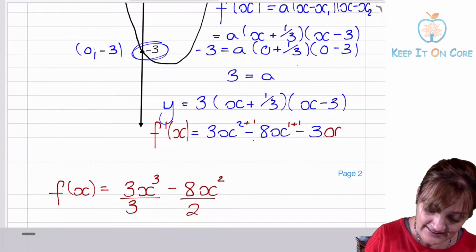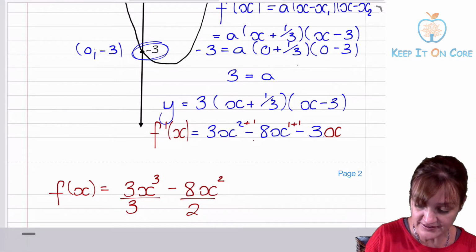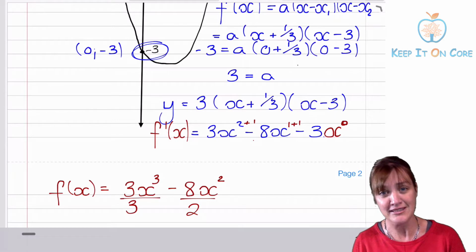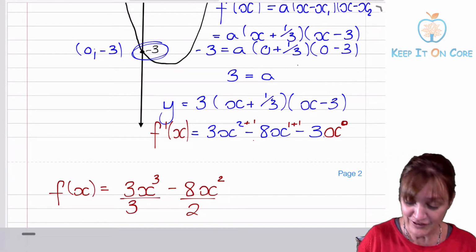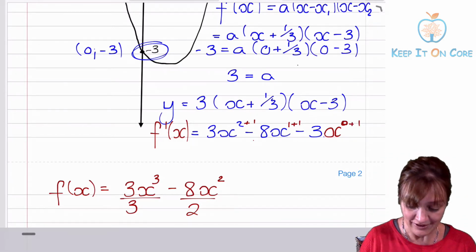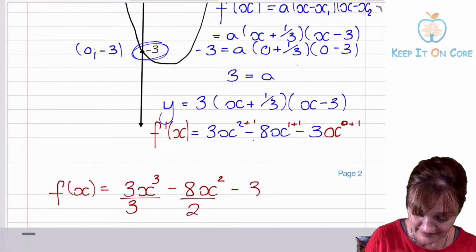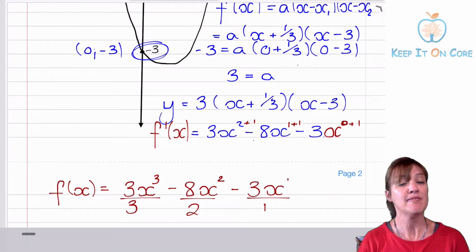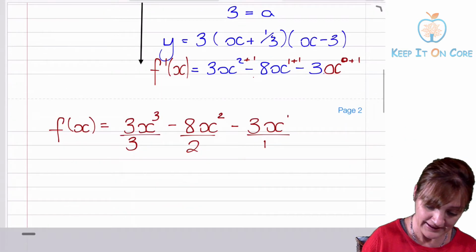If there isn't an x sitting there, if you've just got a constant, do you agree that actually it looks like there's an x to the 0 sitting behind it, okay? So we're going to add 1 onto it, so it's going to become minus 3x to the 1, and I divide it by the exponents, okay?